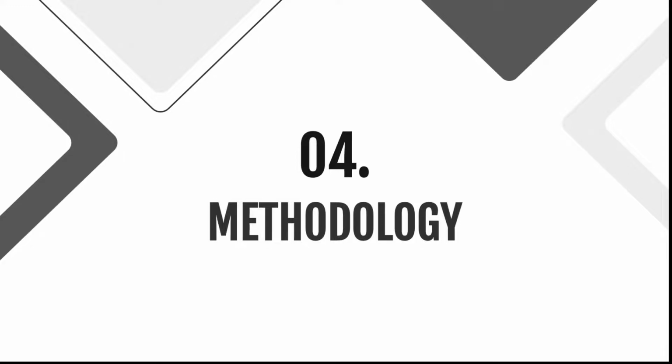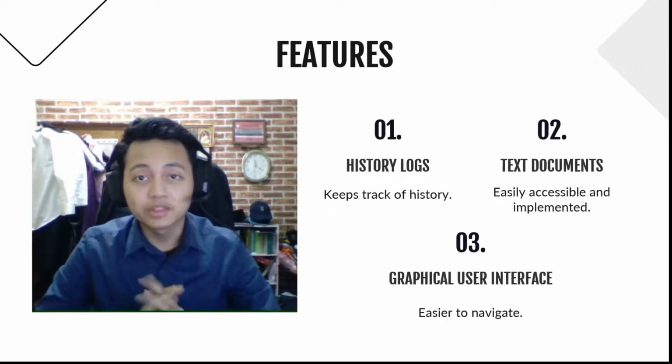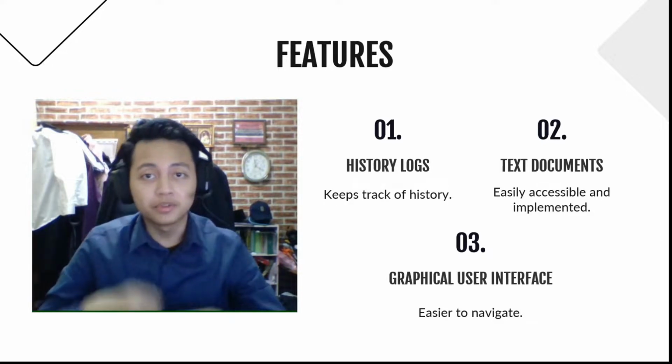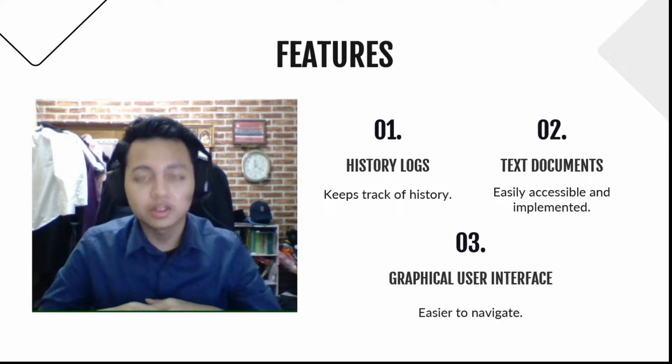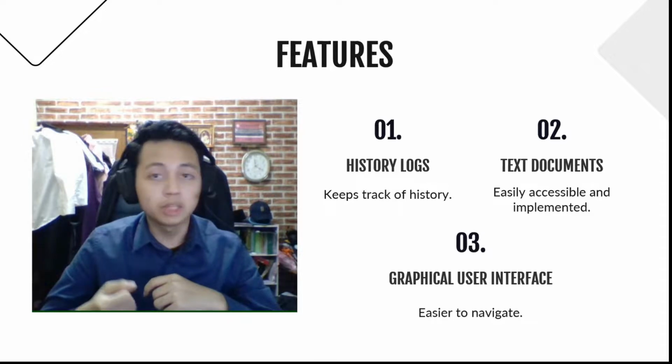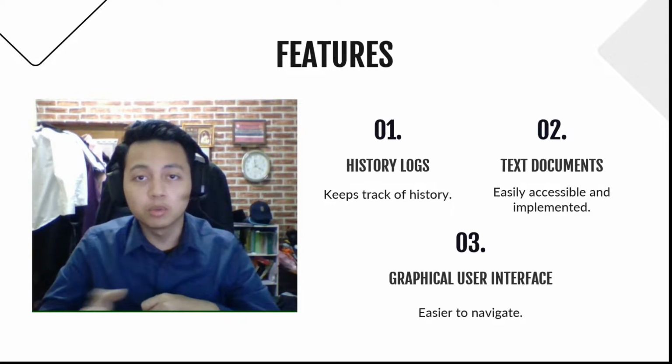Assalamualaikum warahmatullah. My name is Muhammad Imran bin Fazli with the matrix number of AI200201. And I'm here to present the methodology. First, let's go to the features of the system. The first feature is the history logs. The history logs allow us to keep track of the history of the borrowers.